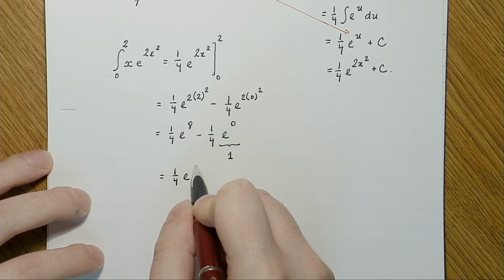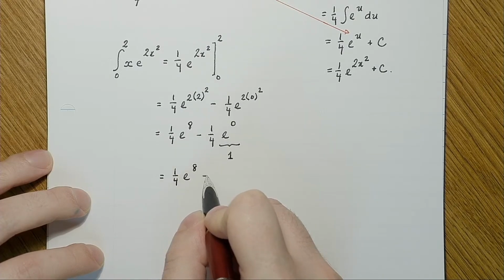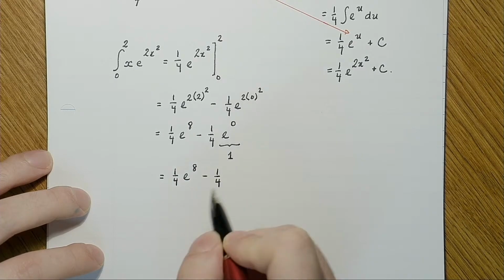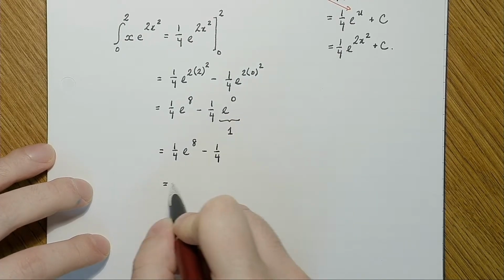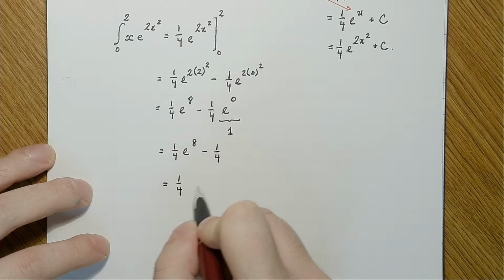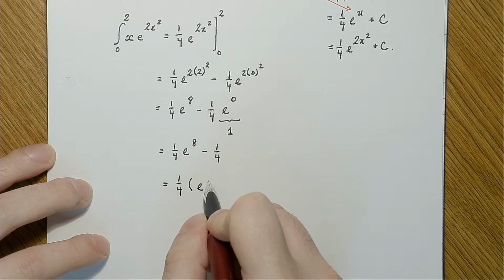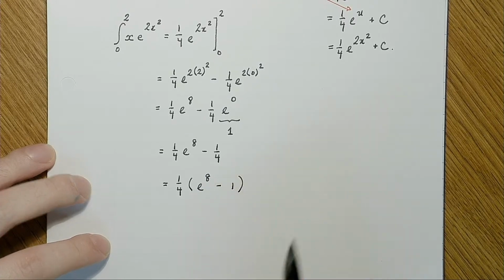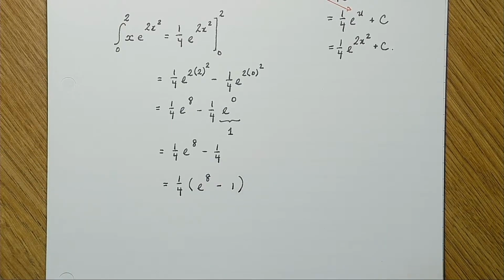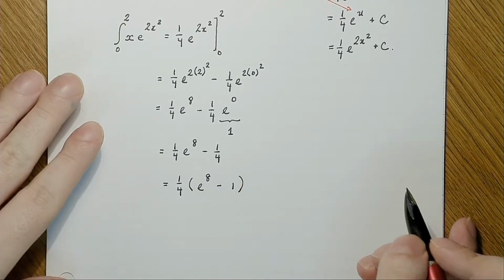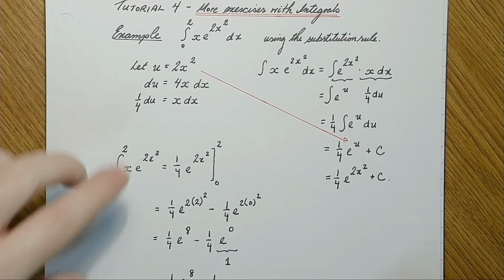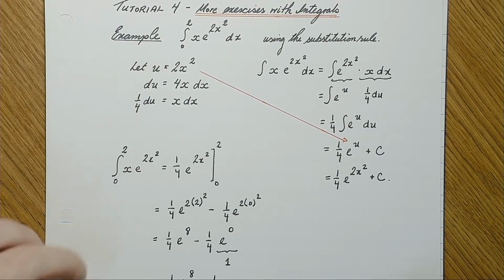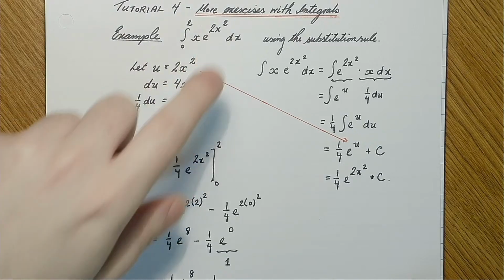So I'm left with 1/4 e to the 8 minus 1/4, and I could factor that out, so I have 1/4 times e to the 8 minus 1. And so there's our answer for what we had originally, which was the integral from 0 to 2 of x e to the 2x squared.